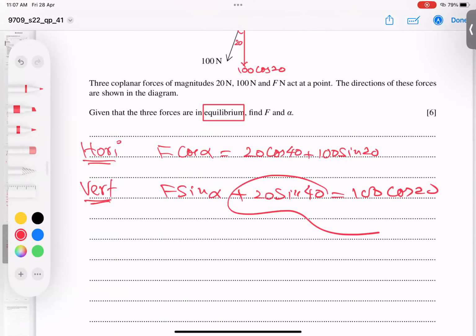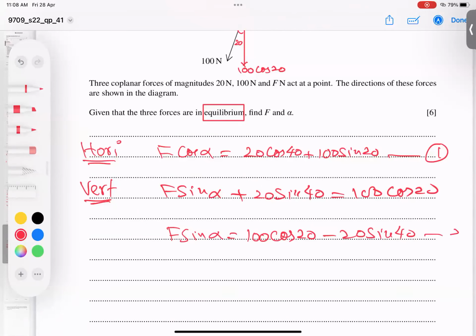And this value will go there. So F sine alpha equals 100 cos 20 minus 20 sine 40. This is equation one, this is equation number two.